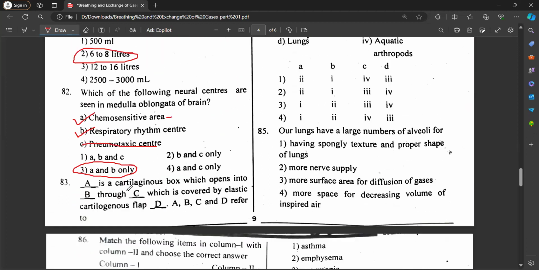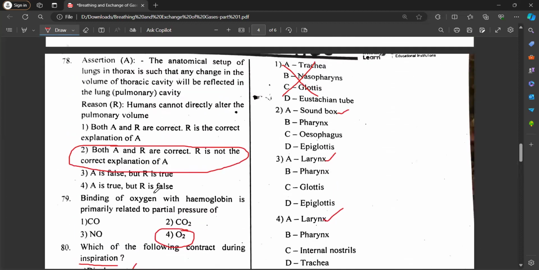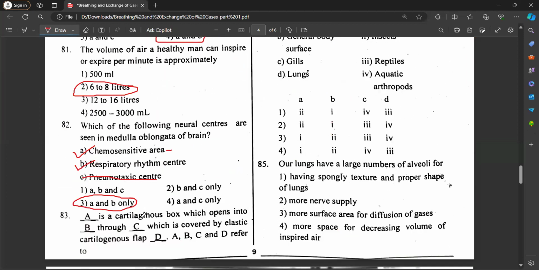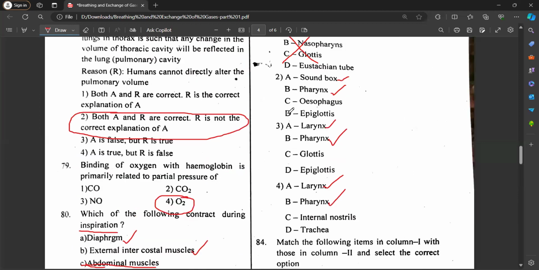So larynx or sound box is a cartilaginous box which opens into pharynx. Through esophagus? No, it's wrong.